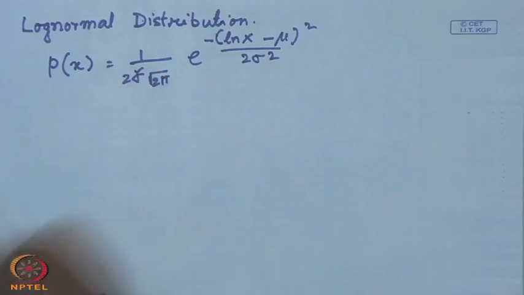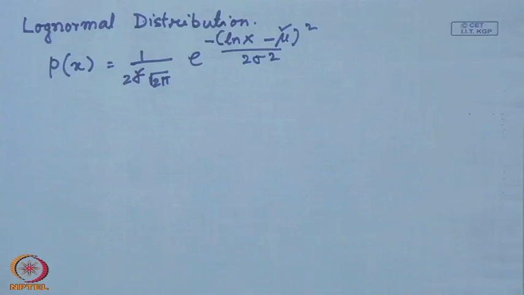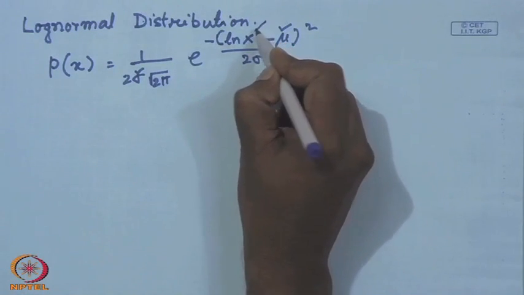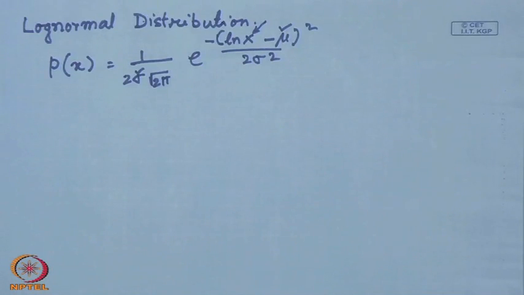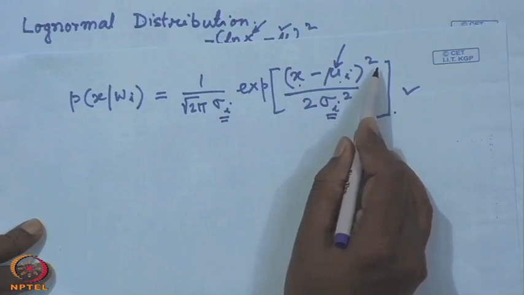And here again, in case of log normal distribution, we have two different parameters. One of the parameters is sigma as before, which is the standard deviation, and the other parameter is mu as before, which is the mean of the sample values. Okay. So, a notable difference between the Gaussian or normal distribution and the log normal distribution is that in case of normal distribution, the exponent contains x minus mu squared.